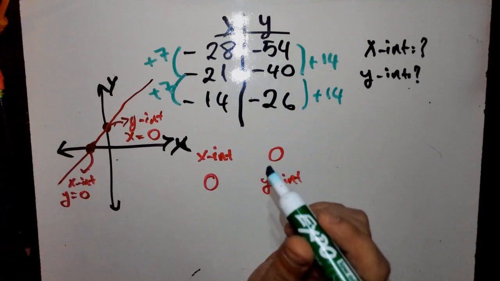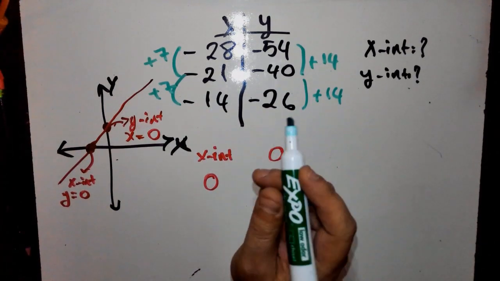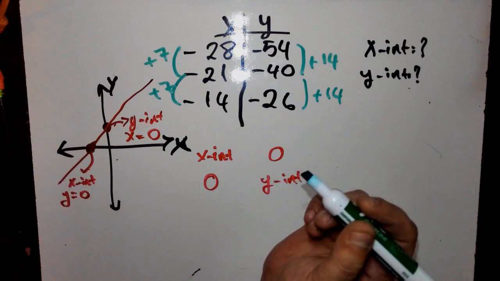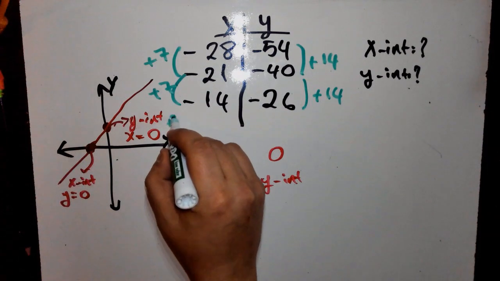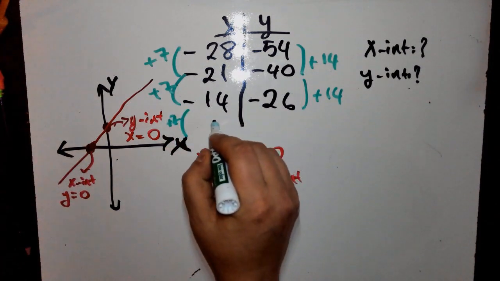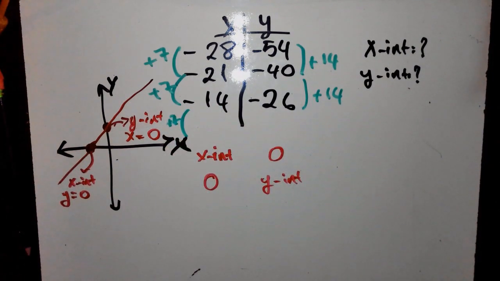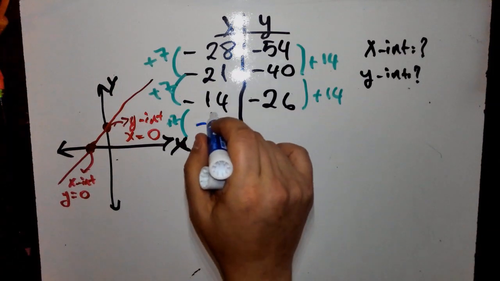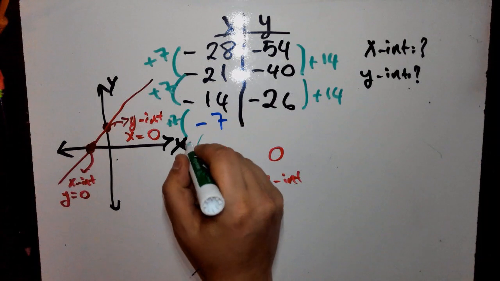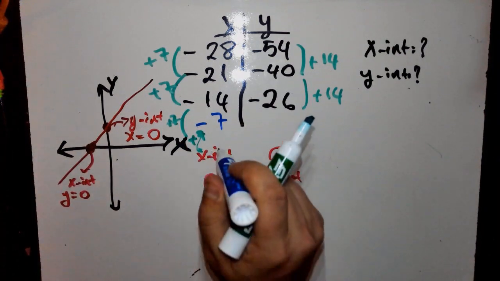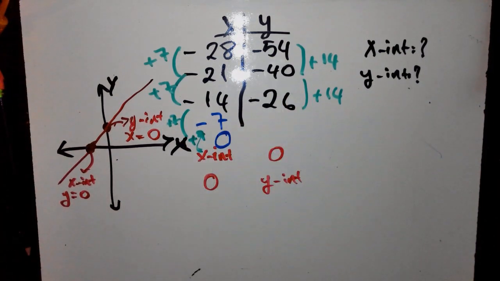How long will it take me to get to 0 on the x? If I add another 7, I'm going to end up with negative 7. If I add another 7, I'm going to get 0. So twice.